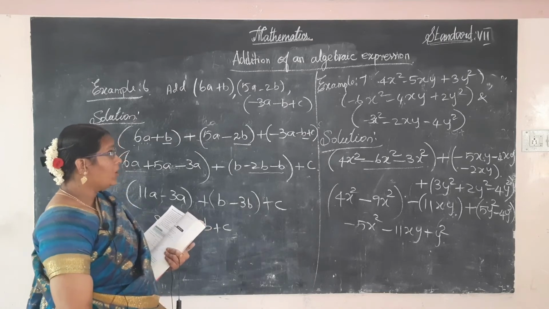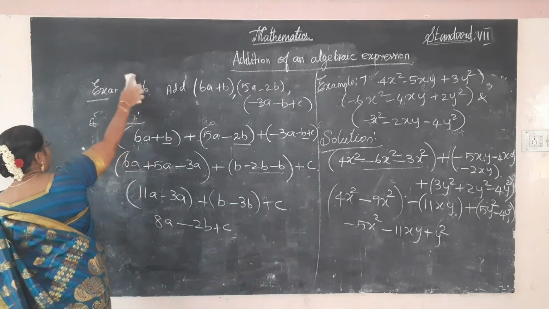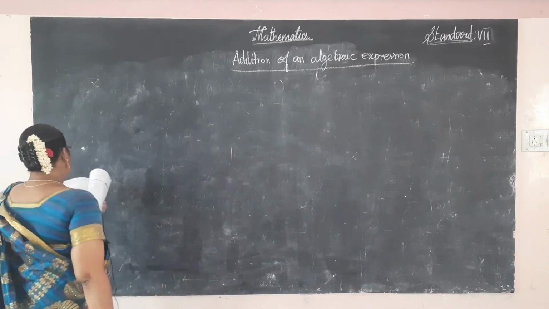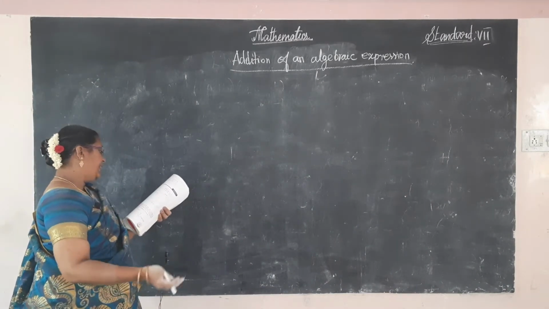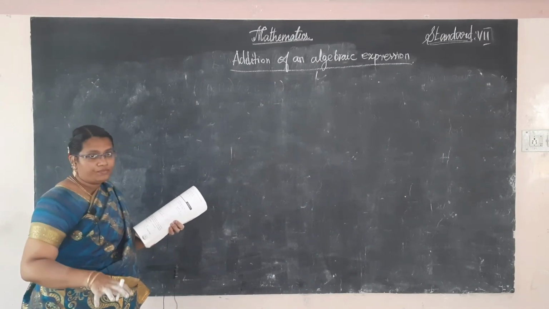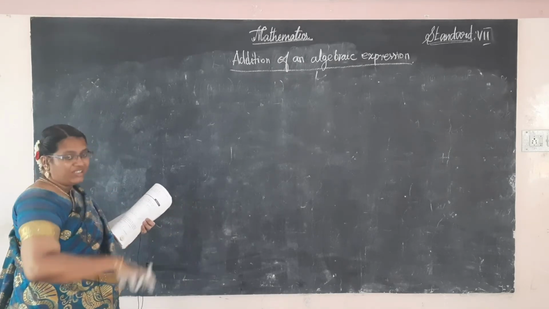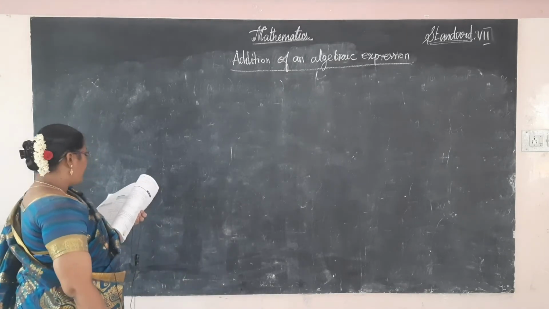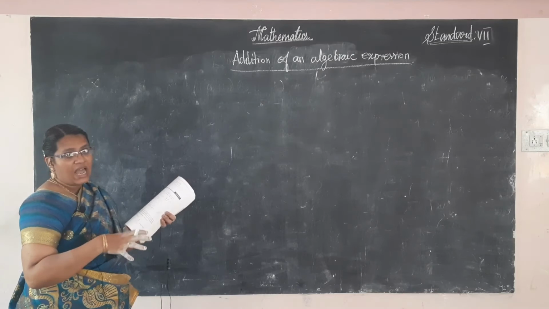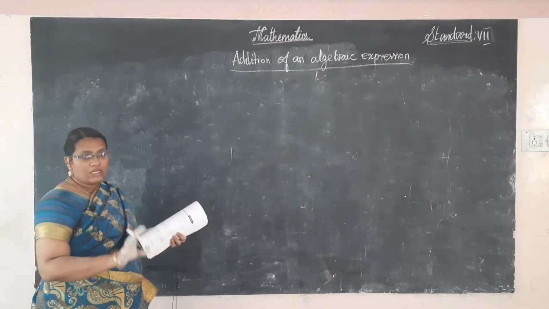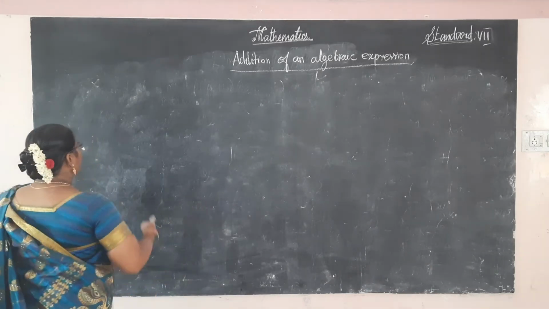And next, let's see the column method. Column method means we write the like terms in a column, that is, vertically. Vertically we arrange the like terms and then add them. That is called the column method.